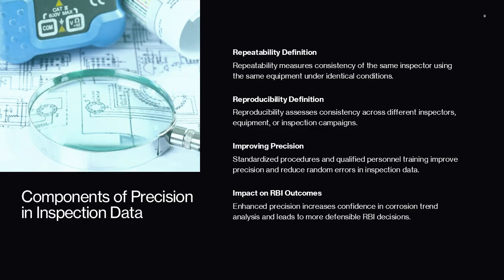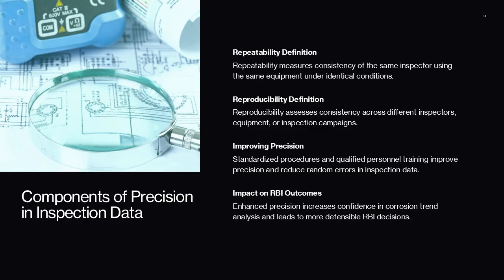Repeatability refers to the consistency of measurements taken by the same inspector using the same equipment under the same conditions. Reproducibility refers to consistency between different inspectors, equipment, or inspection campaigns. In RBI programs, poor repeatability may indicate instrument issues or inadequate procedures, while poor reproducibility often points to differences in technician skill, interpretation, or inspection setup.